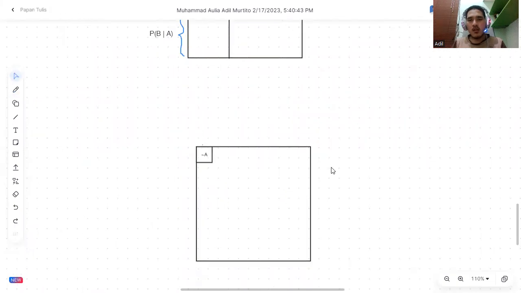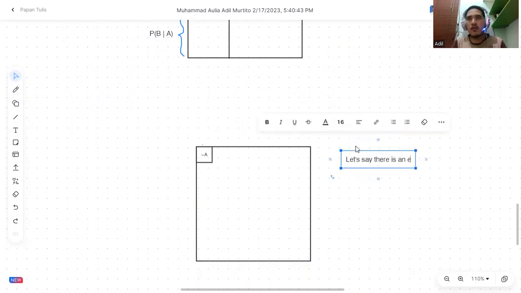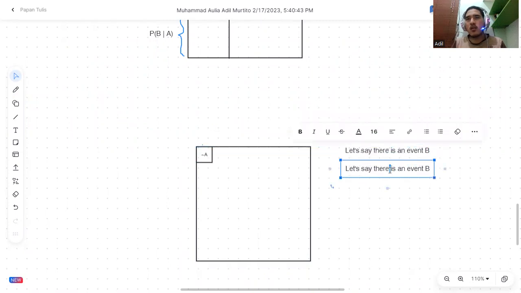And then let's say there is an event B, and as you can guess already, we could know P(B given A not happening), and P(B not happening given A not happening).